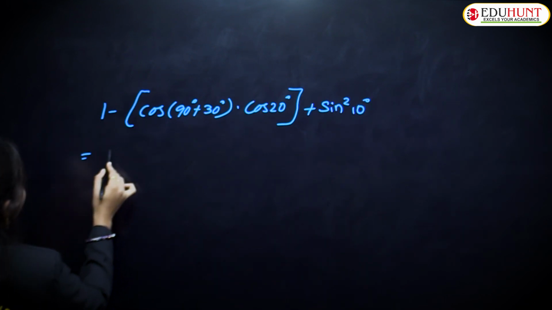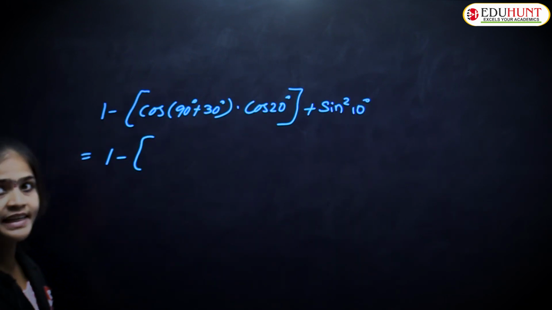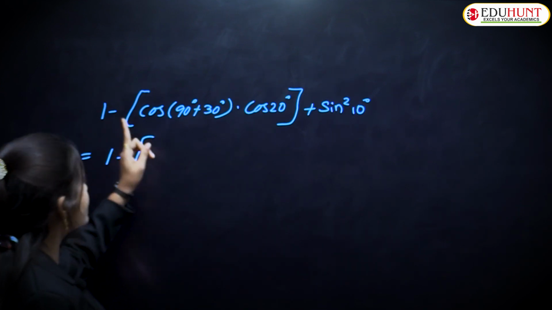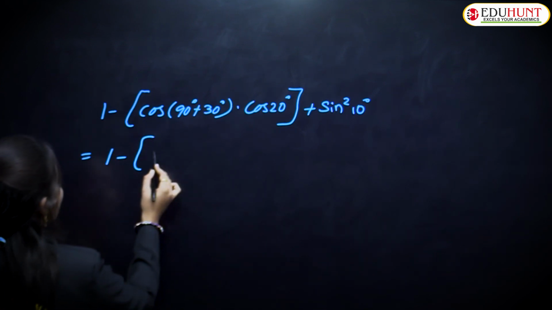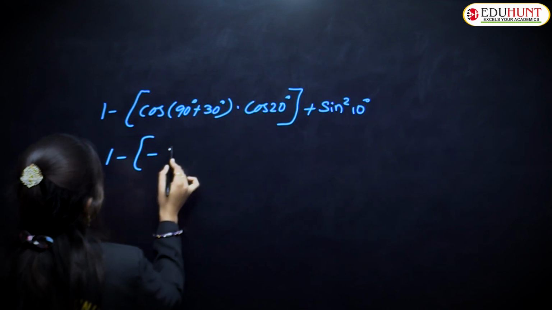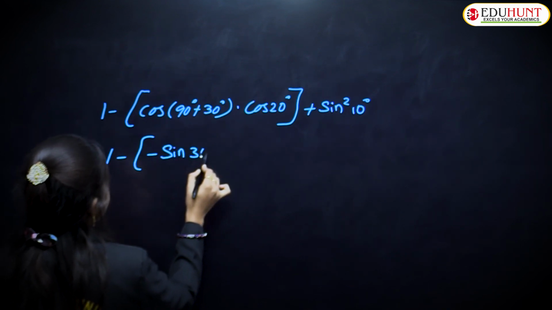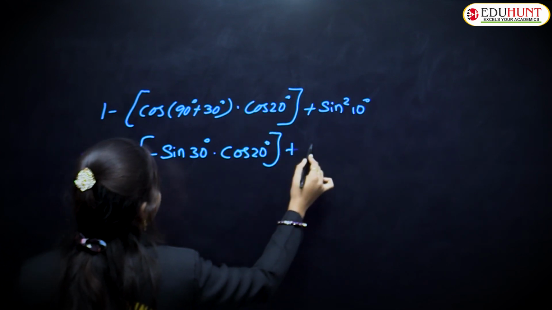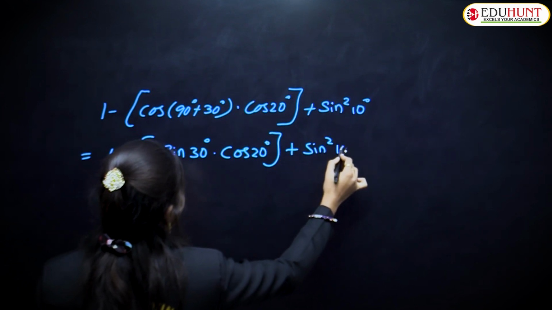So from this, 1 minus of cos of 90 plus theta. So 90 plus theta means second quadrant. In the second quadrant cos is negative. Okay, so minus, and cos becomes sine 30 degrees into cos 20 degrees plus sine square 10 degrees.